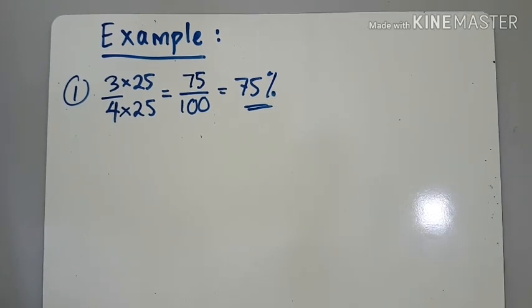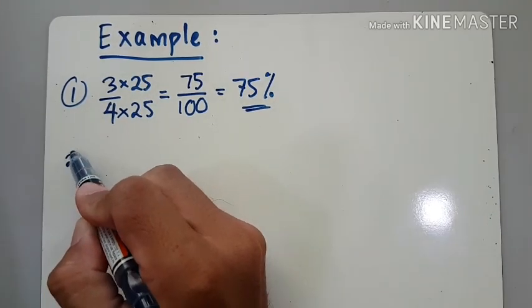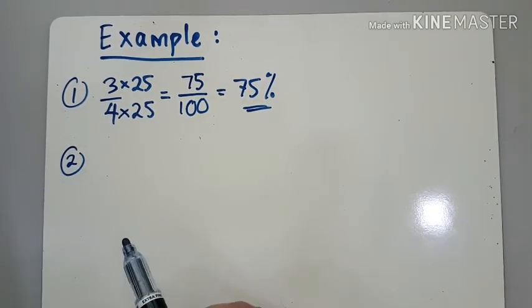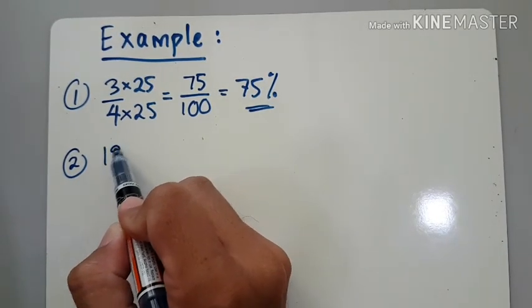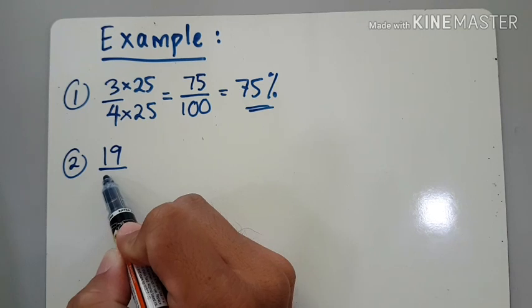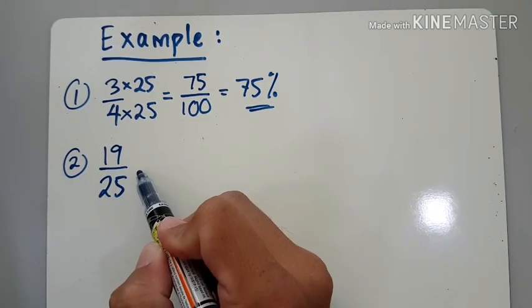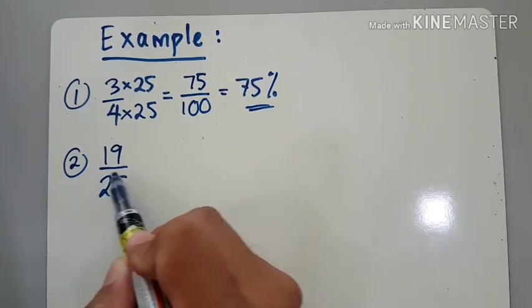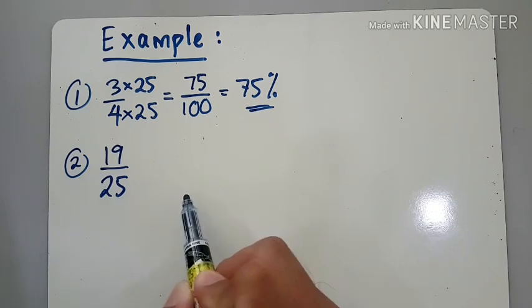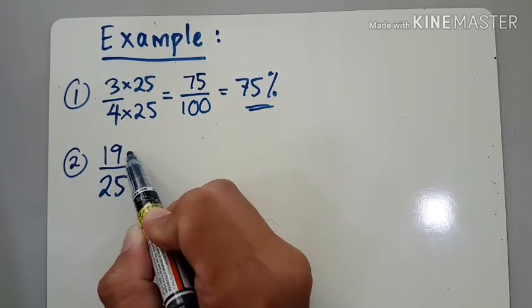Okay. Now, maybe let's take a look at another example again. So let's say we have 19 on 25. So again, just like just now, 25 we change it to 100. So how to do that? 25 you multiply by, what is it?